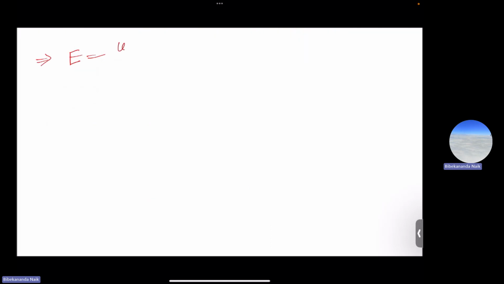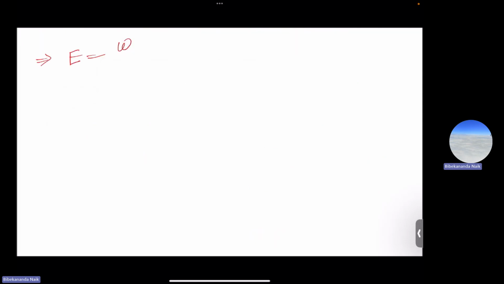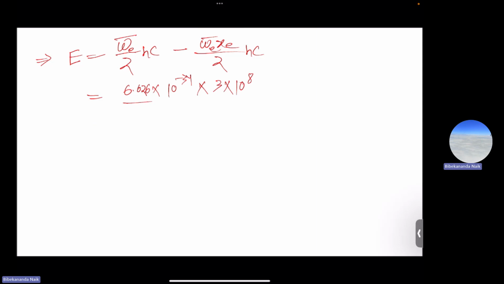So you can simply write, since v equals 0, it will be ω̄_e by 2 into hc minus ω̄_e x_e by 2 into hc. So 6.626 into 10 to the power minus 34 into 3 into 10 to the power 8 by 2.